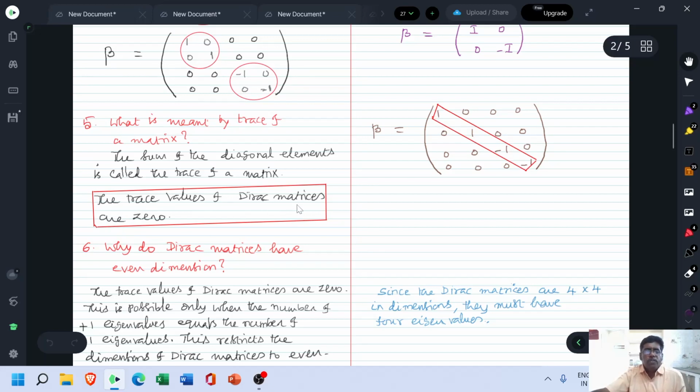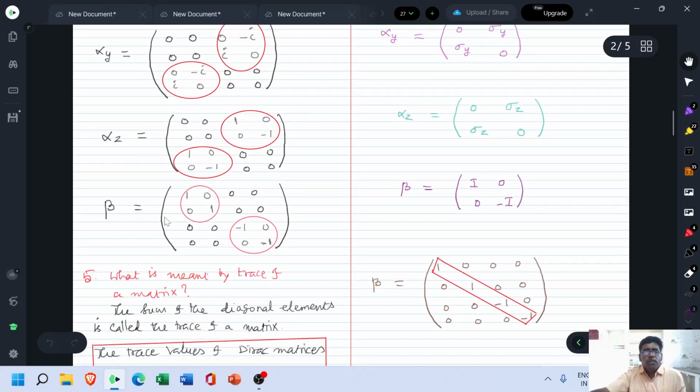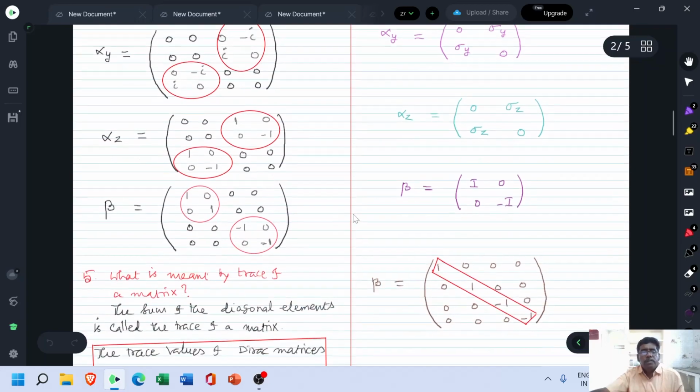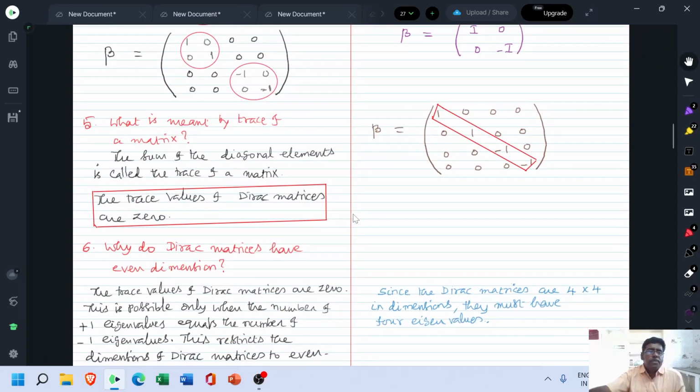The trace values of Dirac matrices are 0. If you go for alpha x, this is a diagonal element. If you take the diagonal element, all are 0. In the case of alpha y, these are all the diagonal elements. If you take the sum, the value is 0. In the case of alpha z, these are all the diagonal elements. If you take the sum, the value is 0. So trace means sum of the diagonal elements.